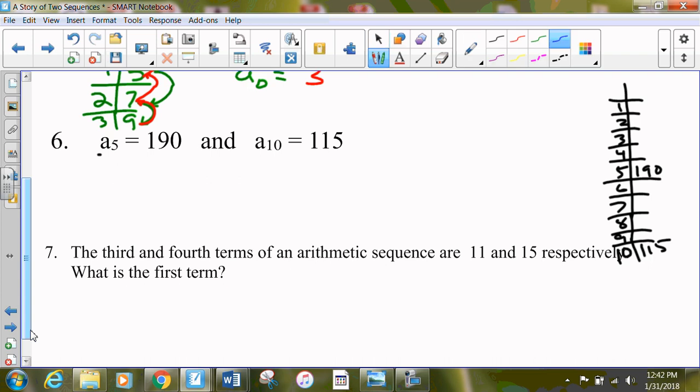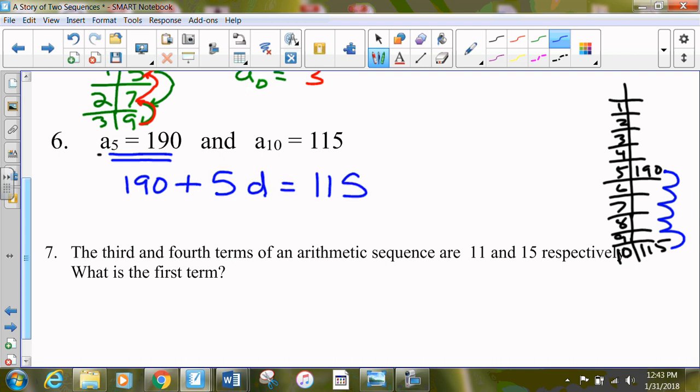So when you think about it, we did 1, 2, 3, 4, 5 jumps. We got from the 5th term, 190, we did 5 jumps, and each of our jumps is going to be our D, and we landed at 115.